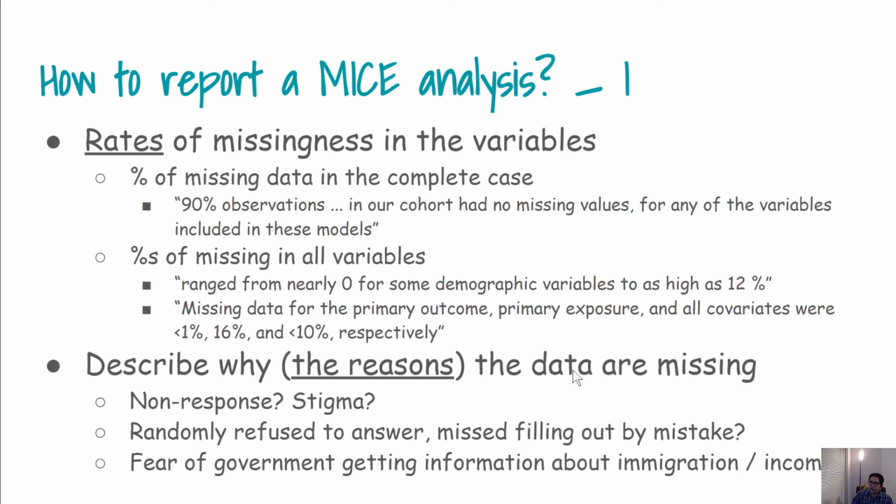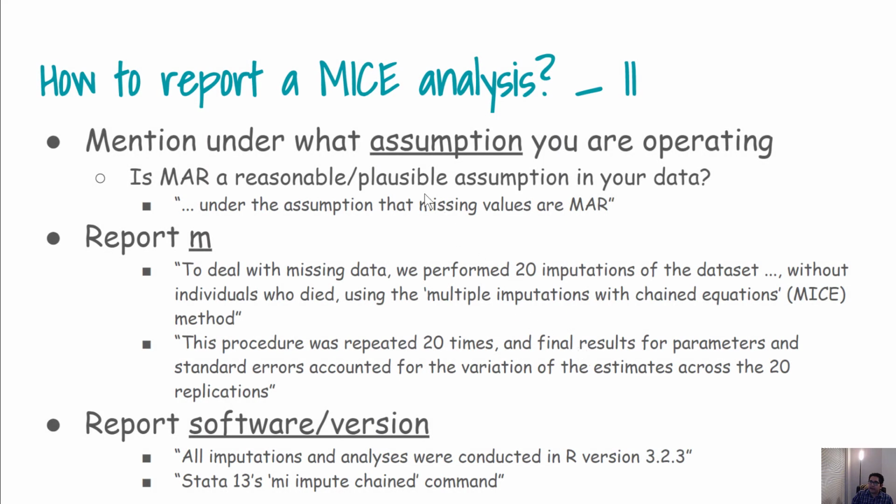So it is very helpful for an analyst to think about why the data could be missing, and then you have to clearly mention what is the assumption under which you are operating. Is it a MAR assumption? Is it a missing completely at random assumption, or an MNAR assumption? Only under the MAR assumption can you do this imputation and build models.